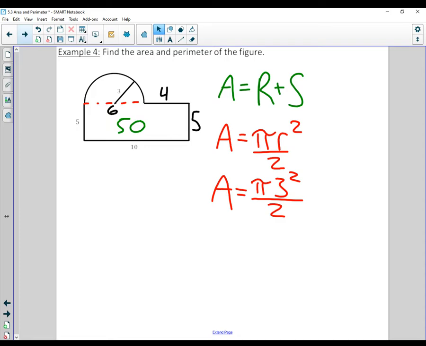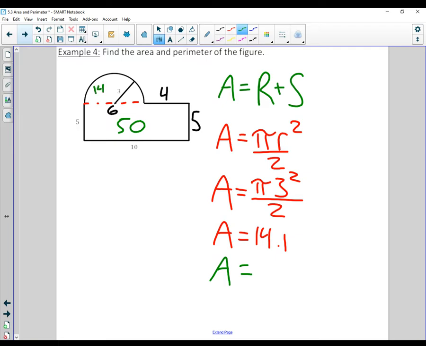So pi times 3 squared is 9, divided by 2. Okay? So the total area of the whole thing, if the area of the semicircle is 14.1, then that's 50. Add them together, 50 plus 14.1.